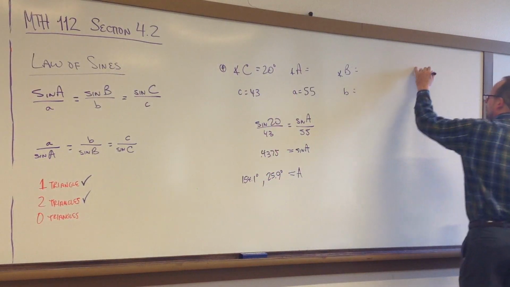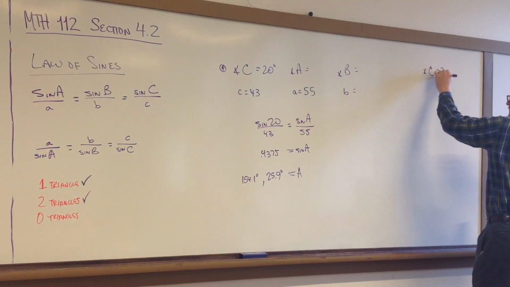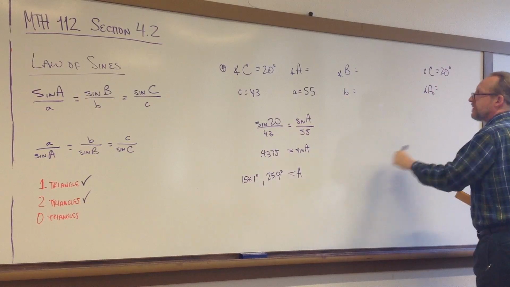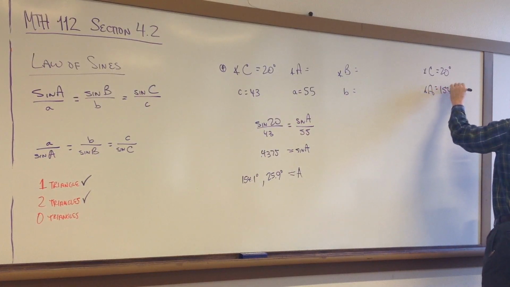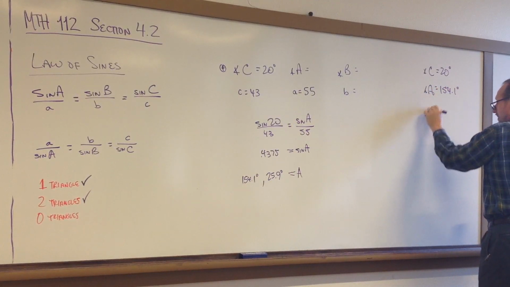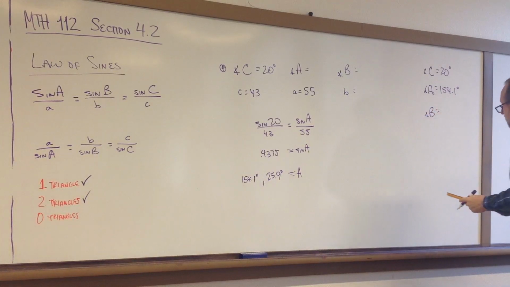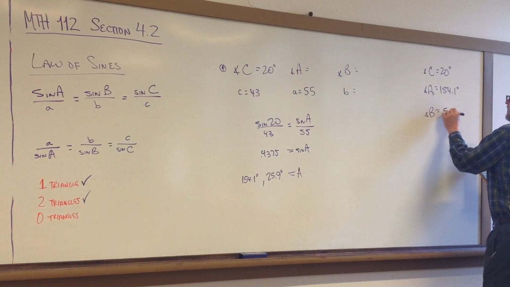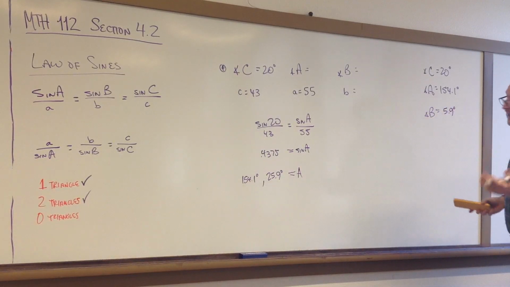All right, so we're going to need a second triangle over here. 20 degrees for C. A could be 154.1, and that would make B into this little tiny thing. Let's see here. 154.1 plus 20, subtract that from 180. Yeah, that would leave B as being 5.9 degrees.